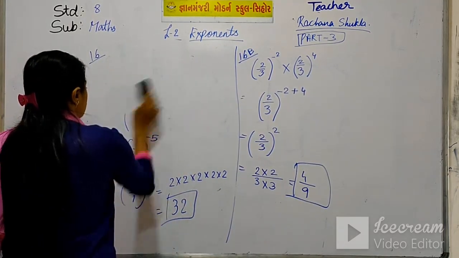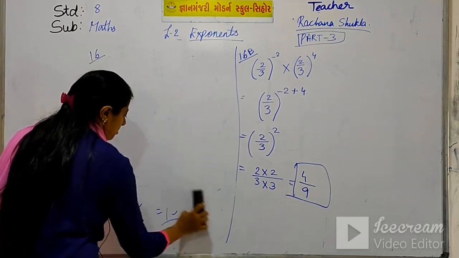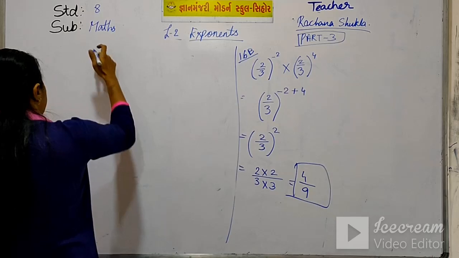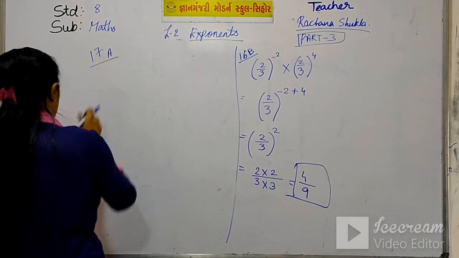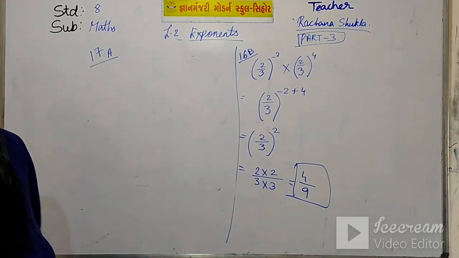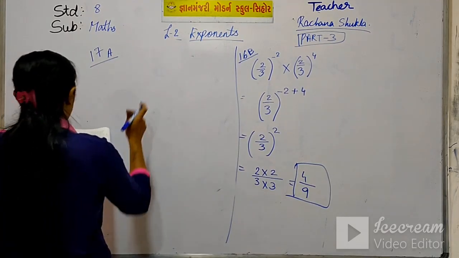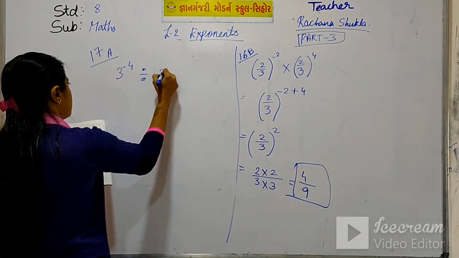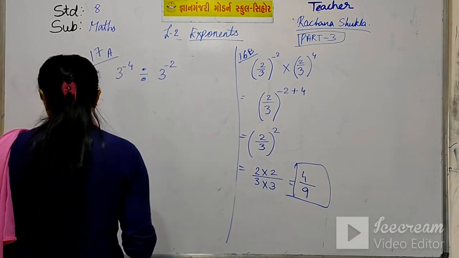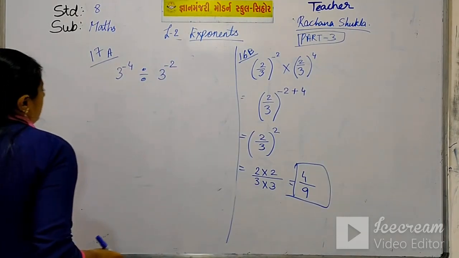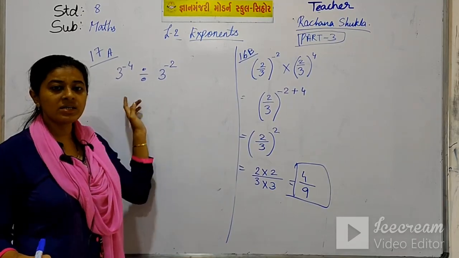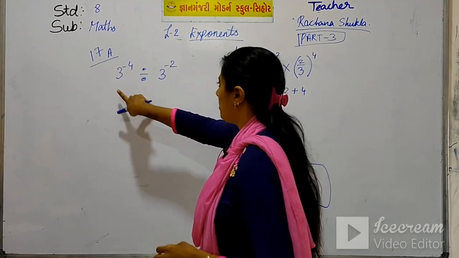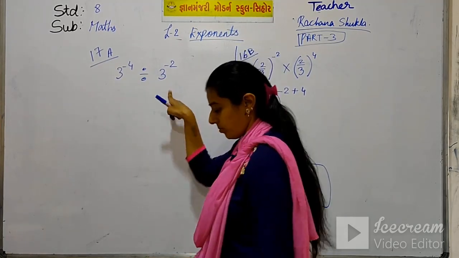Now we will see example 17. A is also simplification, and in that we will see 3 raised to minus 4 divided by 3 raised to minus 2. Look here, 3 raised to minus 4 divided by 3 raised to minus 2. Both of these have common bases.